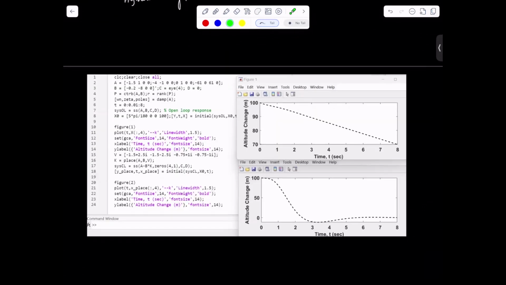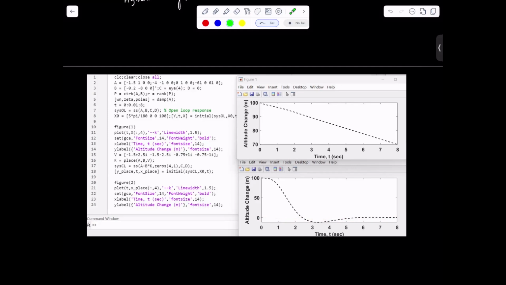If you notice, in the first case, without control, the height is continuously decreasing. But if you use the state feedback control, it brings the aircraft to the particular altitude. So it means the autopilot quickly brings the airplane back to the designated altitude using the state feedback control.